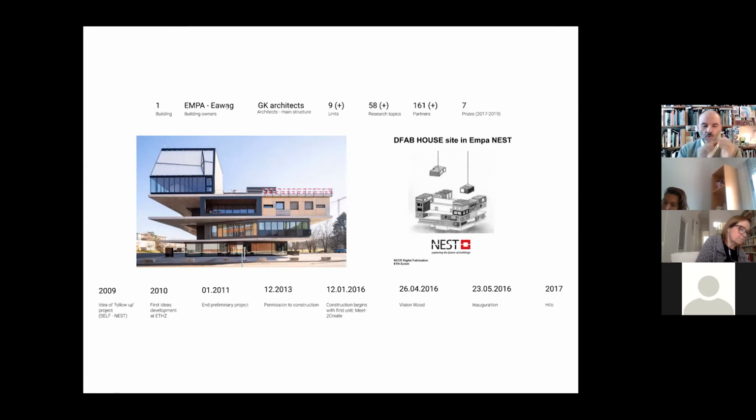So two groups of investigation, semi-private, semi-public, so private and public, that are the most important investigation groups in Switzerland concerning the development of new technologies and structural analysis and so on.